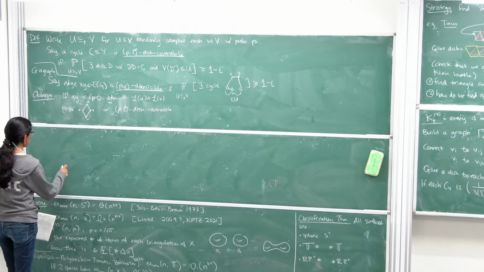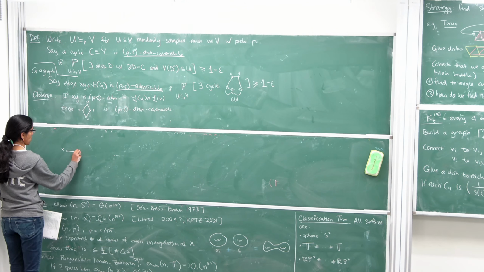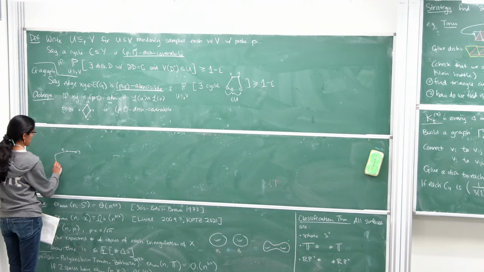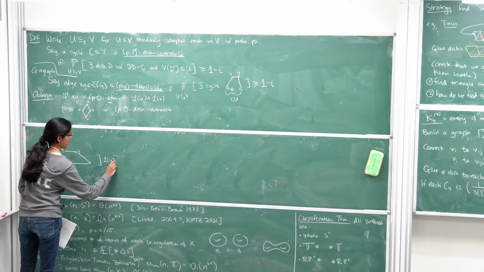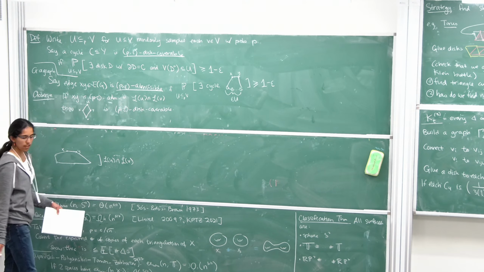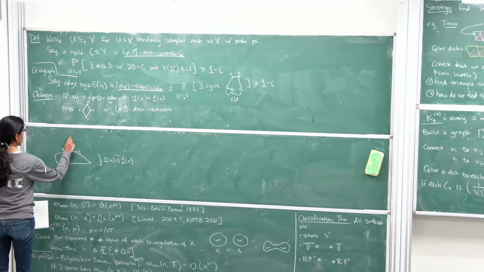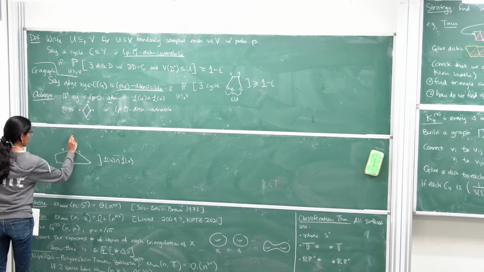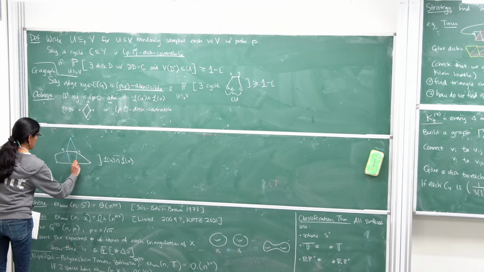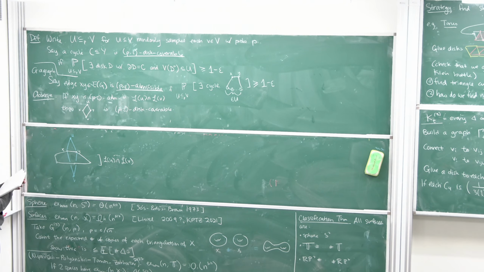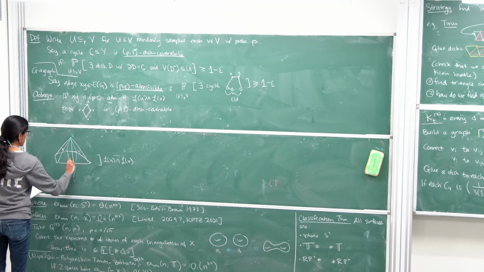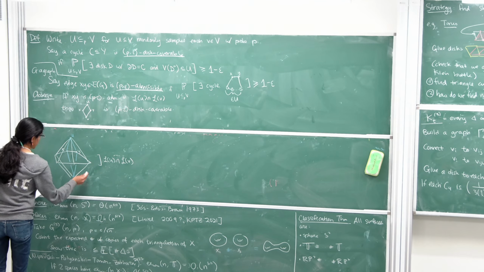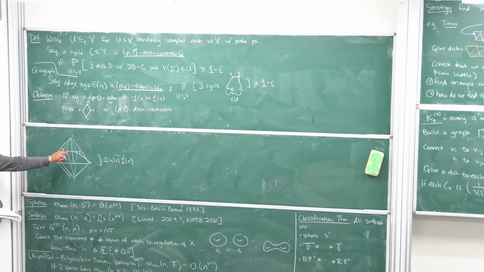If there's a cycle from X to Y within U, then I can turn that into a double pyramid. And this double pyramid is a sphere that, if we take out the two triangles corresponding to xy, becomes a disk.